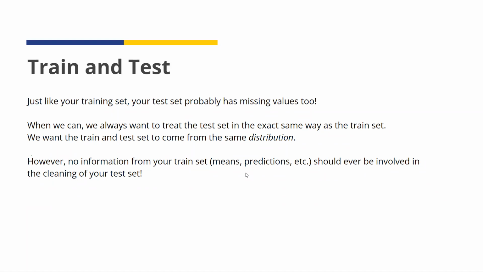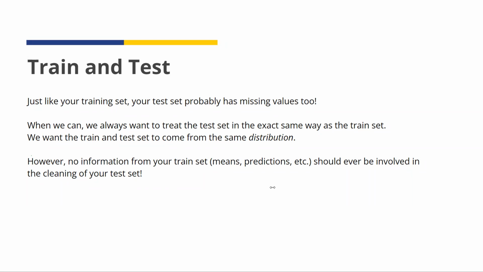That's an example of what we would call data leakage. If we're using a model to predict the outcomes from our training set and evaluate that against the actual values of our test set, and some of our test set values have been imputed with means from our training set, we're actually introducing some of the training set information into what is supposed to be completely separate.